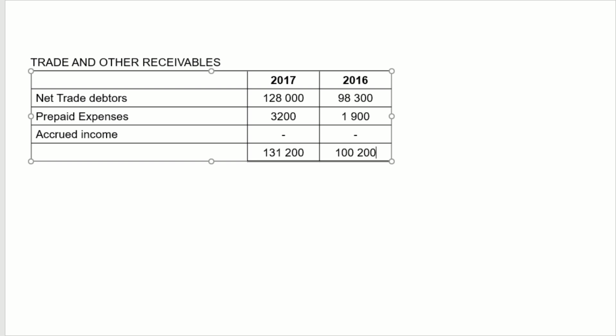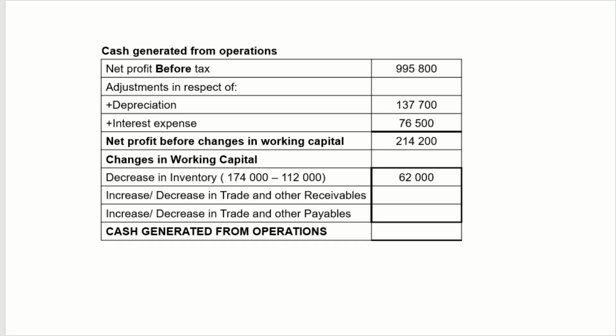All right, so now an increase in debtors suggests that we gave debtors stock on credit and haven't received the cash for the stock yet. All right, so that will be an outflow of cash.